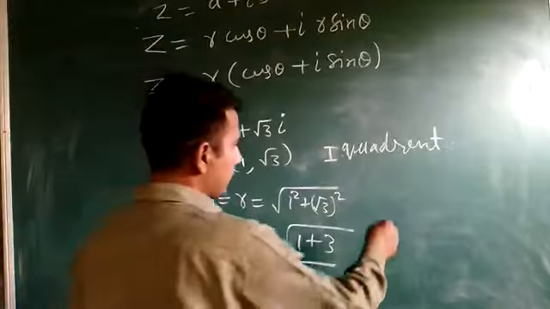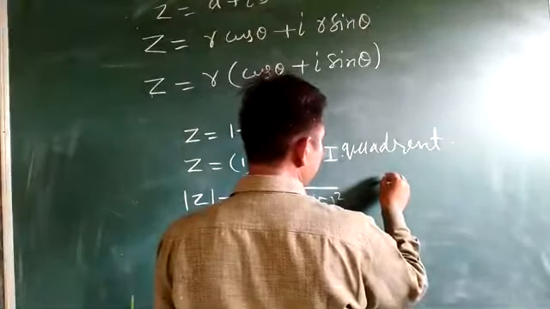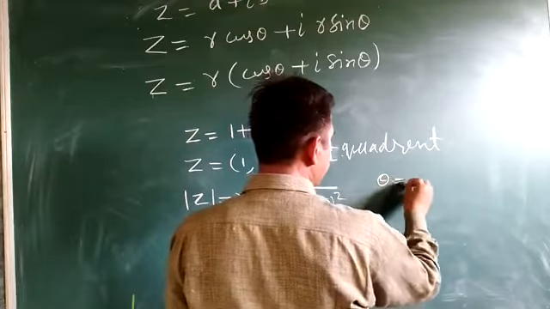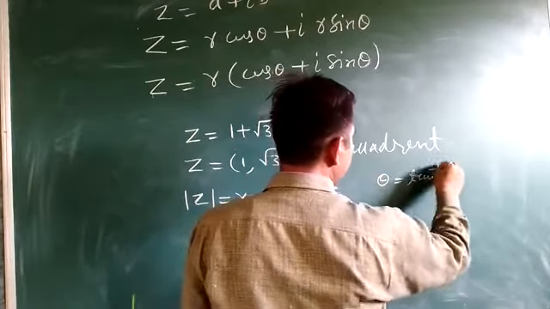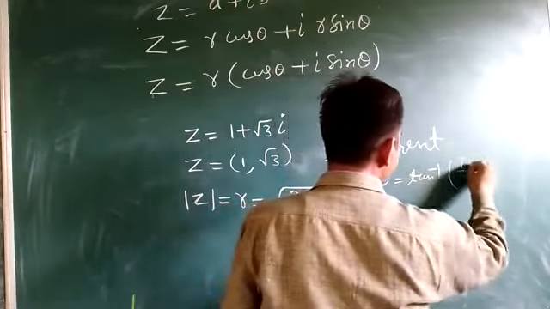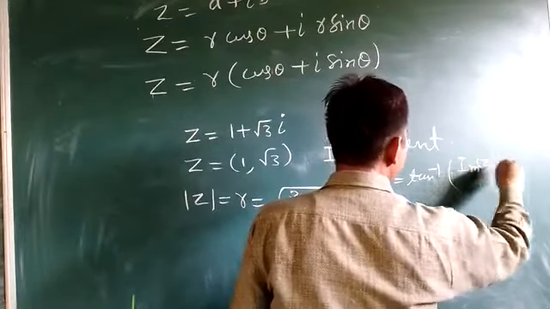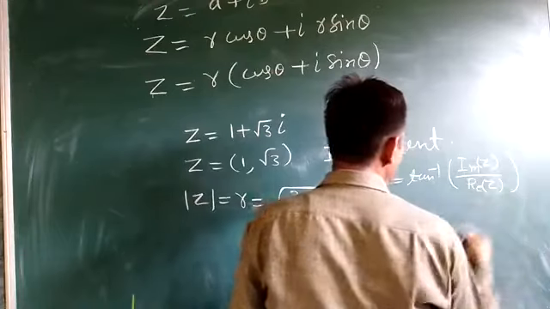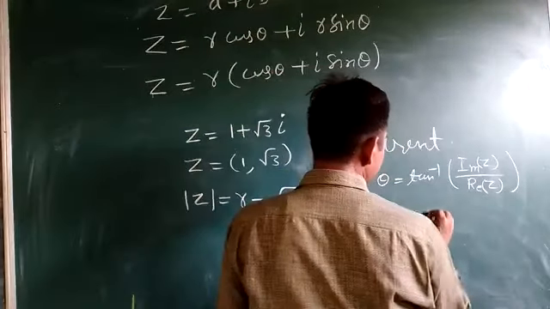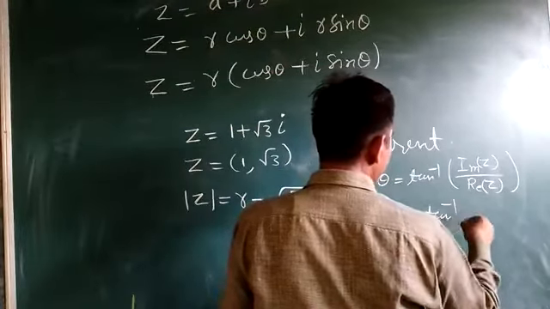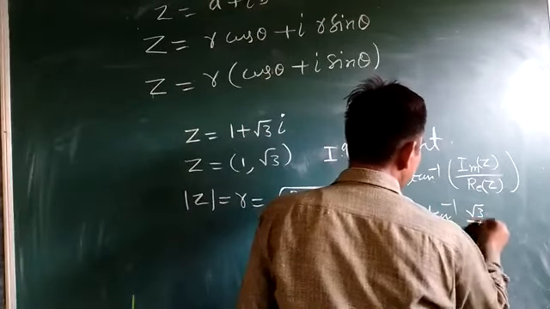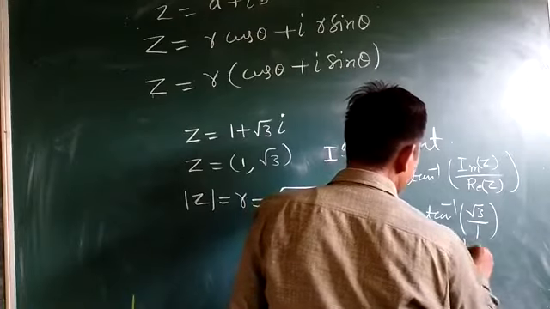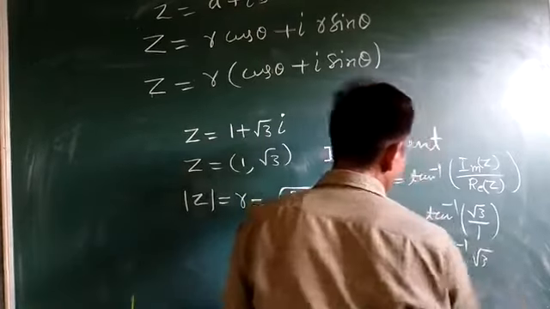And argument theta equal to tan inverse imaginary part of z upon real part of z. Okay, so tan inverse root 3 upon 1 equal to tan inverse root 3.